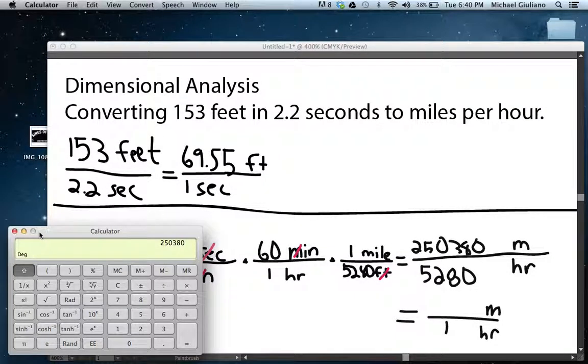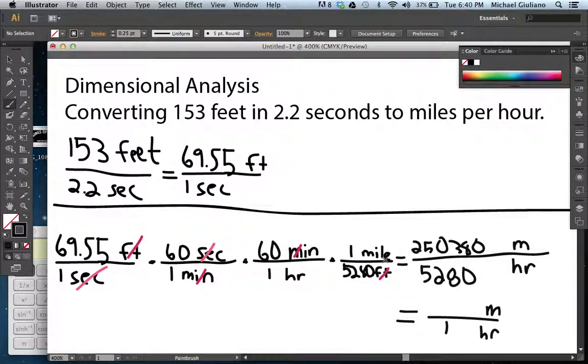Alright, we'll do 250,380 divided by 5,280, and that'll give us 47.42 miles per 1 hour. So 47.42 miles per 1 hour.